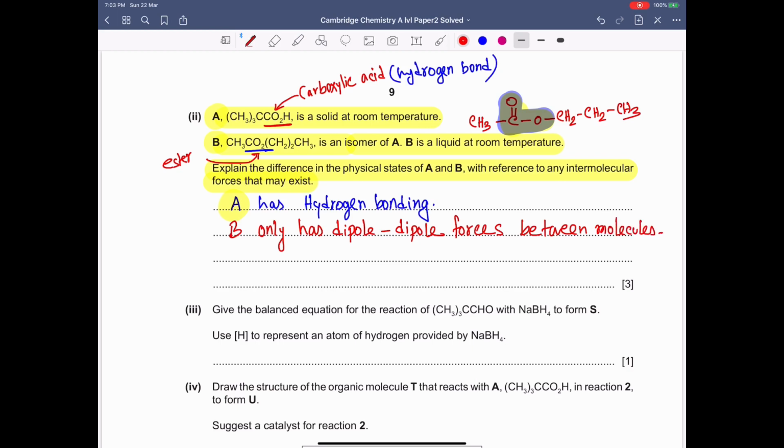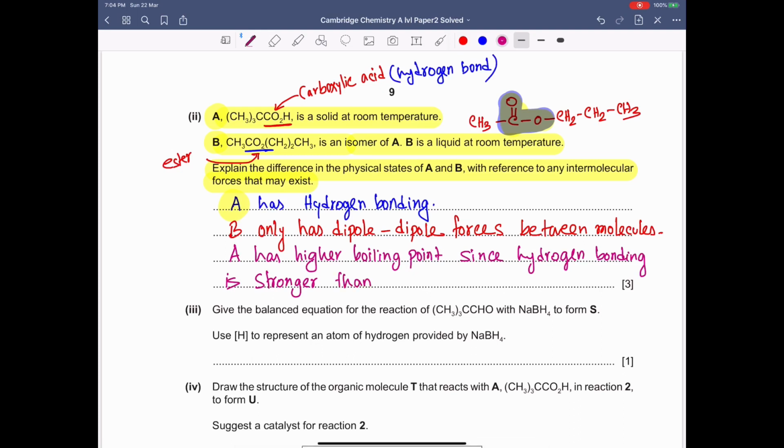You can also call it van der Waals forces. A has a higher boiling point since hydrogen bonding is stronger than van der Waals forces.